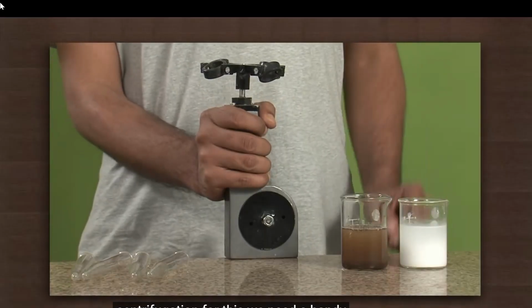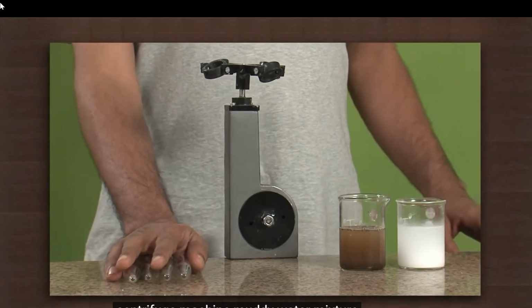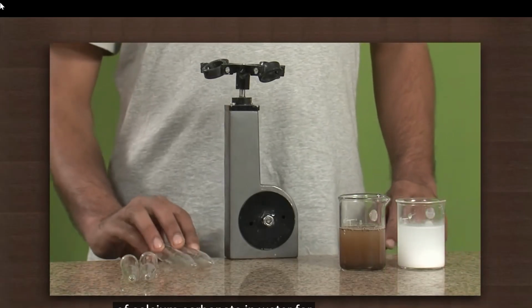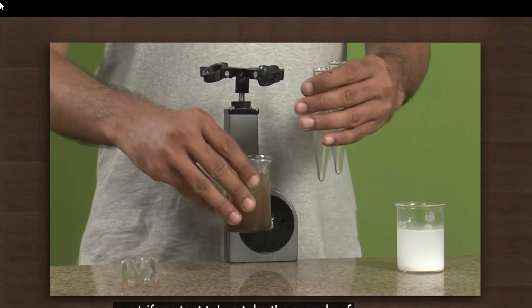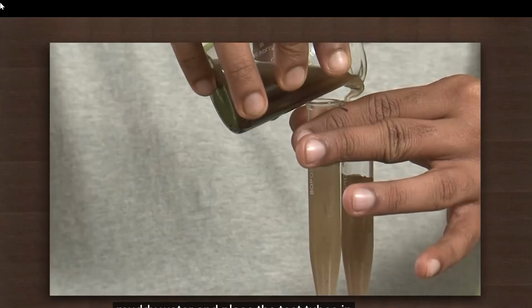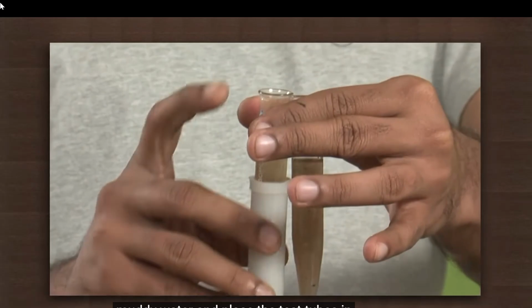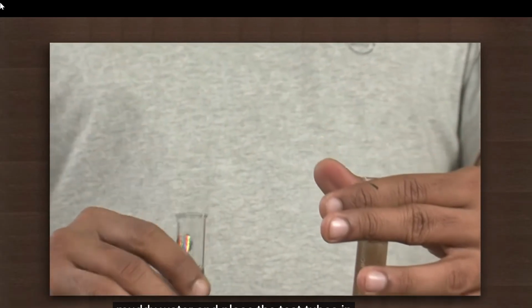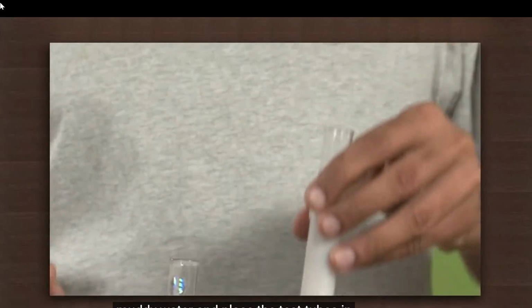Let us conduct an experiment to see centrifugation. For this, we need a handy centrifuge machine, muddy water, a mixture of calcium carbonate in water, and 4 centrifuge test tubes. Take the sample of muddy water and place the test tubes in the centrifuge machine. It's important that the two levels of liquid be equal.